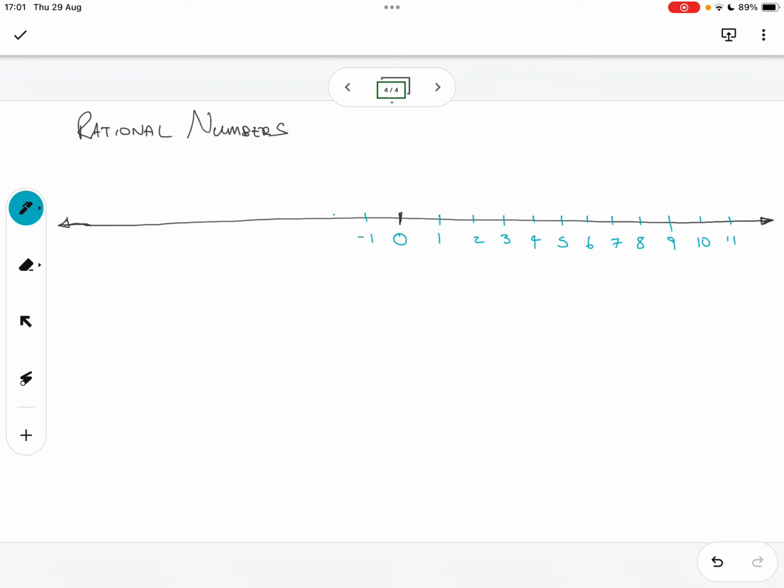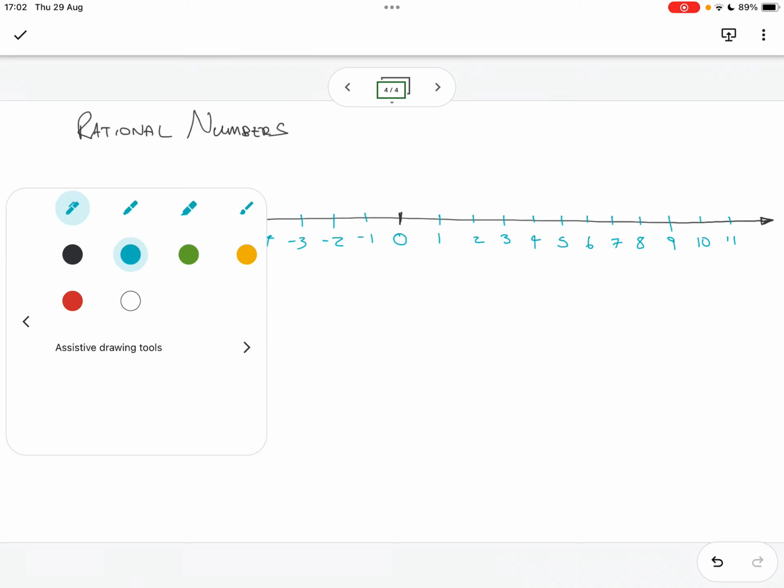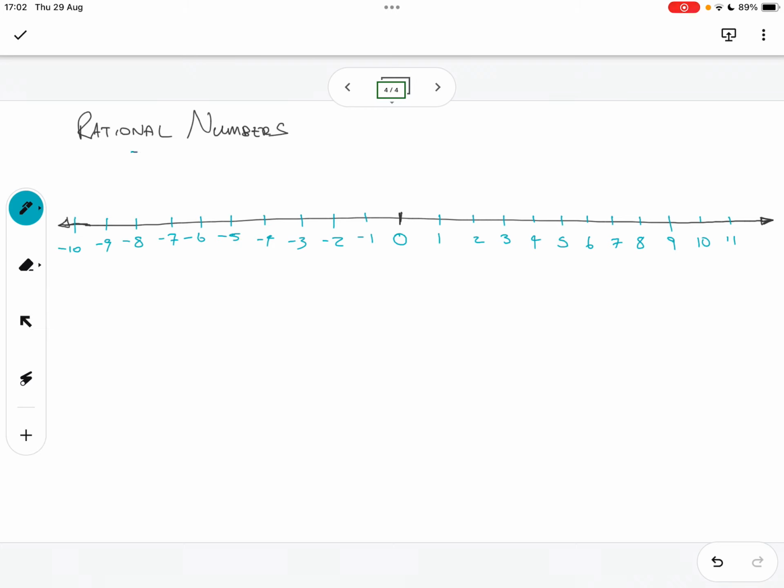Then on this side we'll have -1, -2, -3, -4, -5, -6, -7, -8, -9, and -10. So these are our integers.